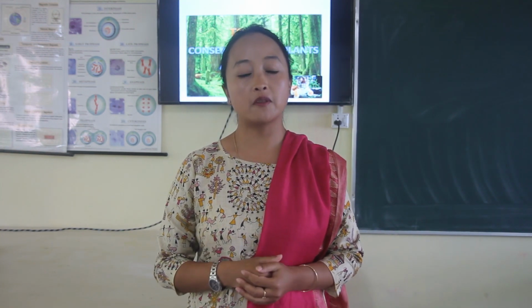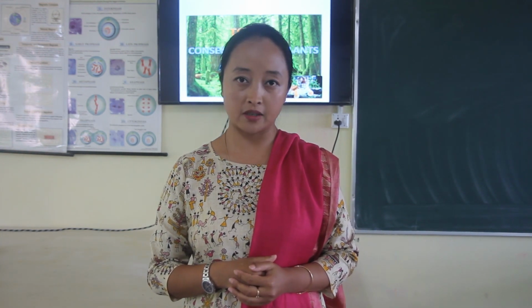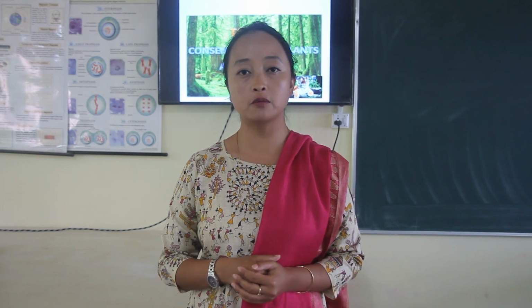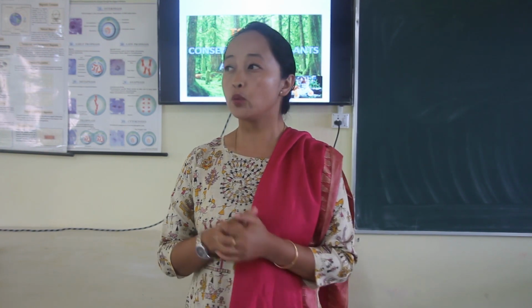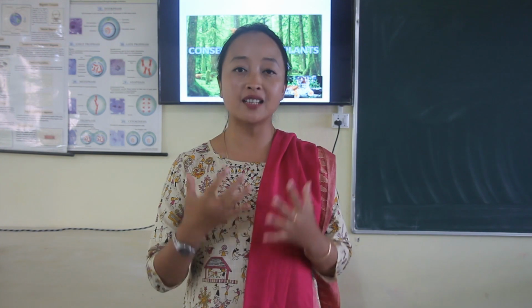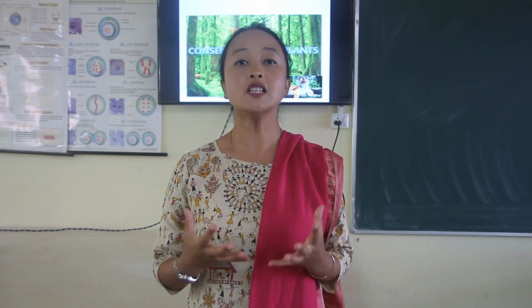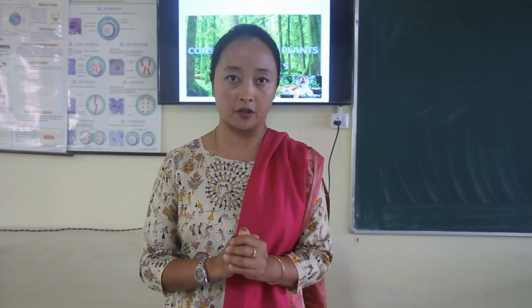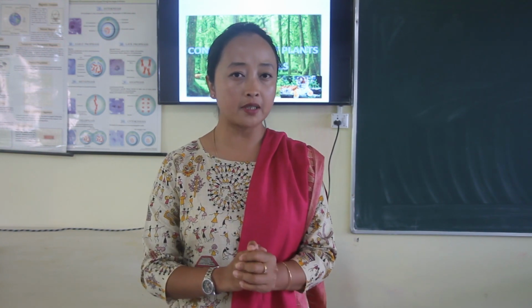Now, let us discuss some of the consequences of deforestation. First and foremost, drought. Now, with fewer trees to take in carbon dioxide, the concentration of carbon dioxide is increasing in the Earth's atmosphere. Now, what does carbon dioxide do?